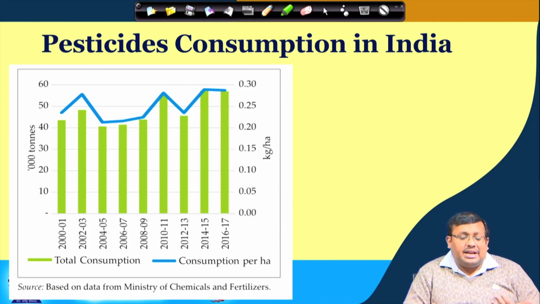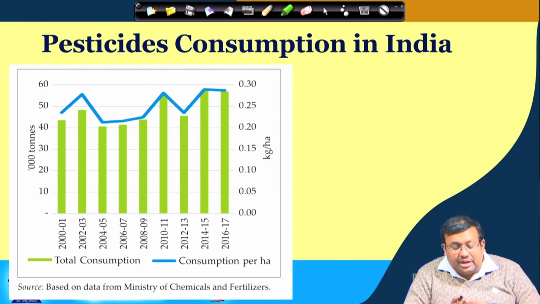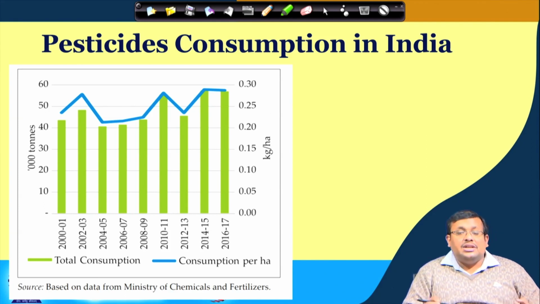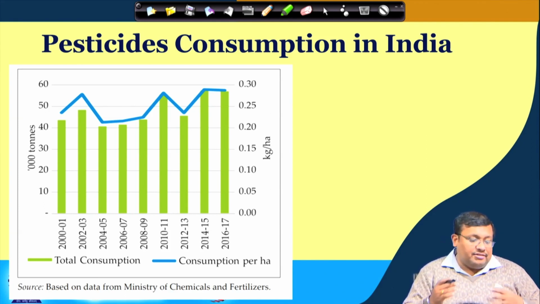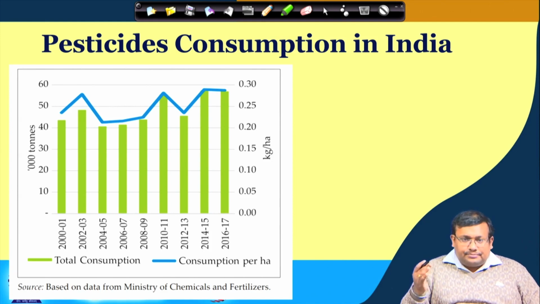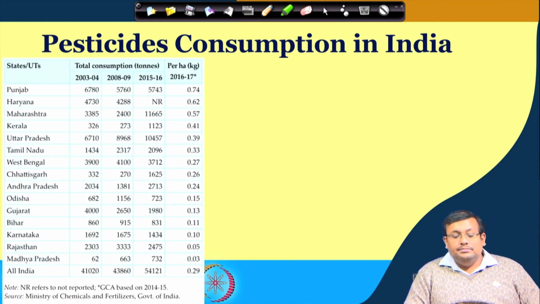Also, the consumption per hectare increased and reached a plateau in 2014, which gives an indication of how pesticide consumption increased in Indian farms.